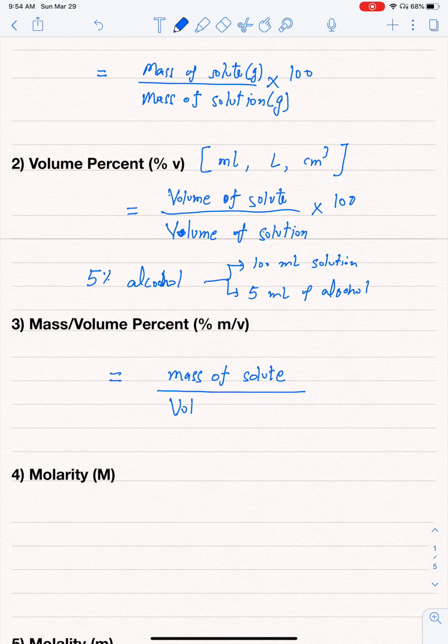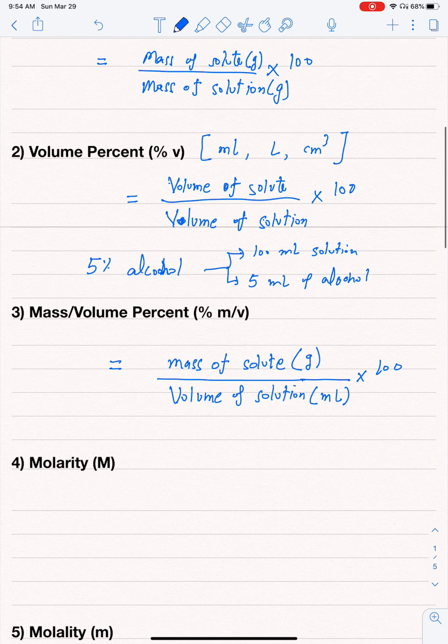So that's why it's called a mass volume percent. The mass of the solid is going to be measured in grams, and the volume of the solution is going to be measured in milliliters. So this is where you have to be careful with the units. You can't use other units. You just use grams for the solids and milliliters for the solutions, times 100, and that gives you the mass volume percent.